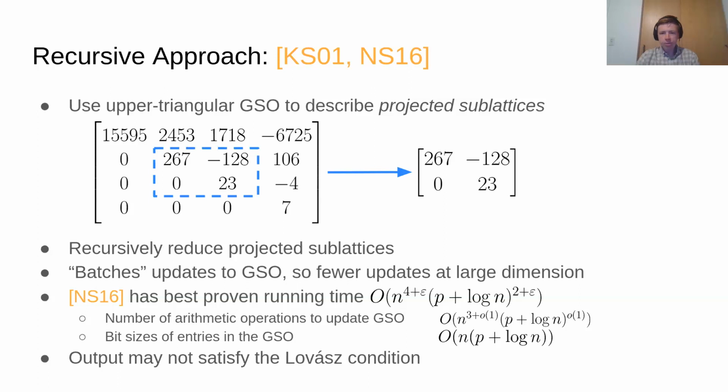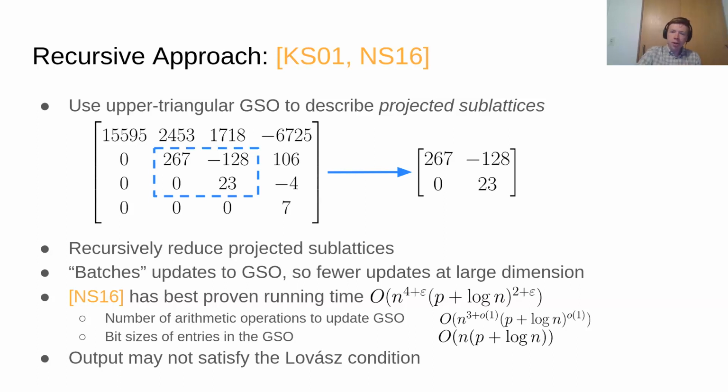The way this happens is that the number of arithmetic operations to update this Gram-Schmidt orthogonalization is decreased, but the bit size of entries in the Gram-Schmidt orthogonalization is the same as it was before. Another note is this algorithm may not satisfy the Lovász condition, but it does return a short vector. So that's a brief overview of the recursive approach.